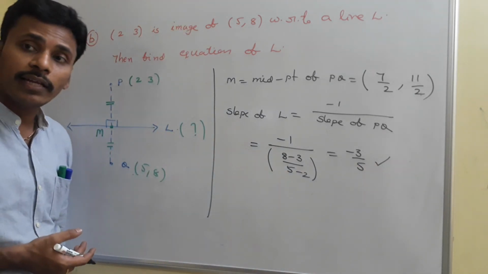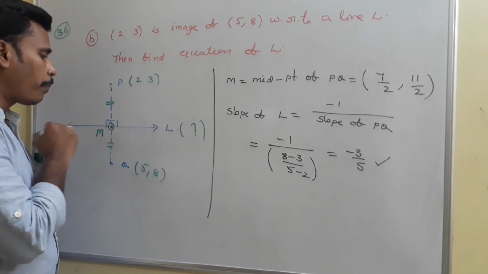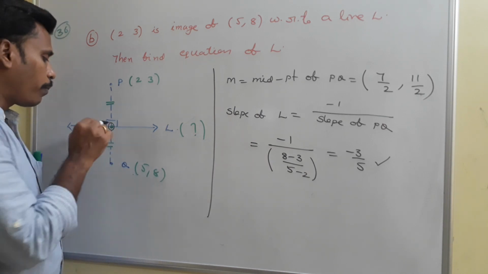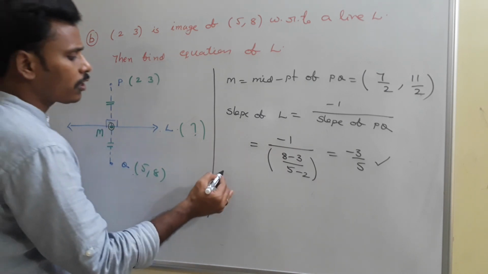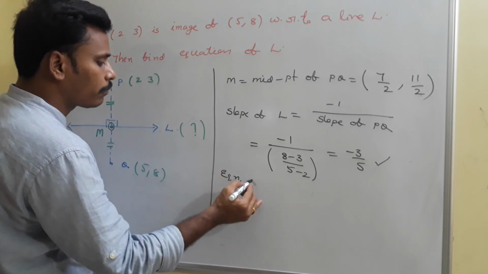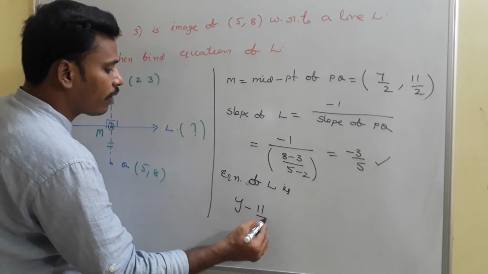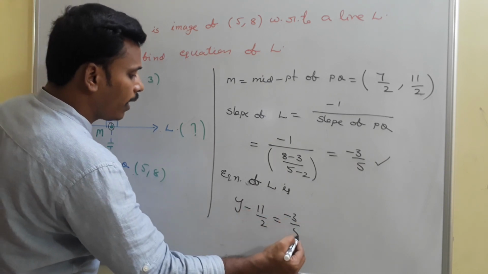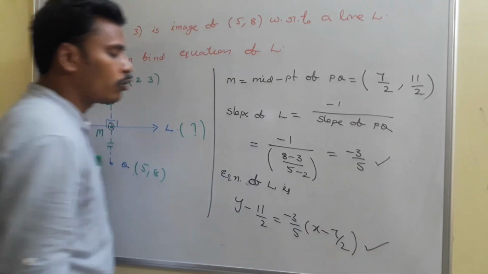So what do I have in our hands? The slope of the line is there. M, a point on the line, is there. Then easily we can find the equation using the slope point form. So at the end, equation of L is y minus 11 by 2 is equal to minus 3 by 5 times of x minus 7 by 2. Further we need to simplify.